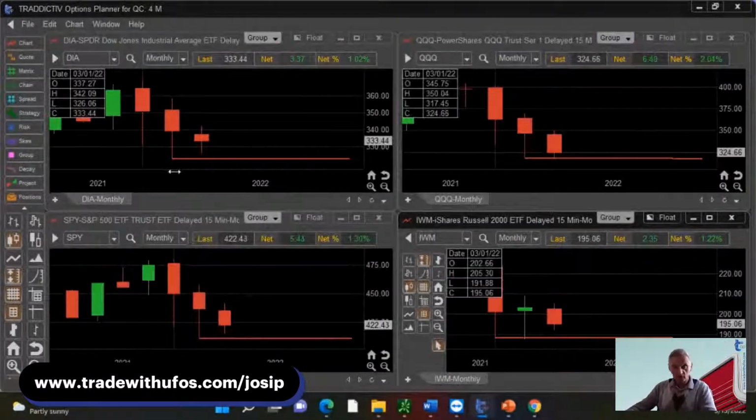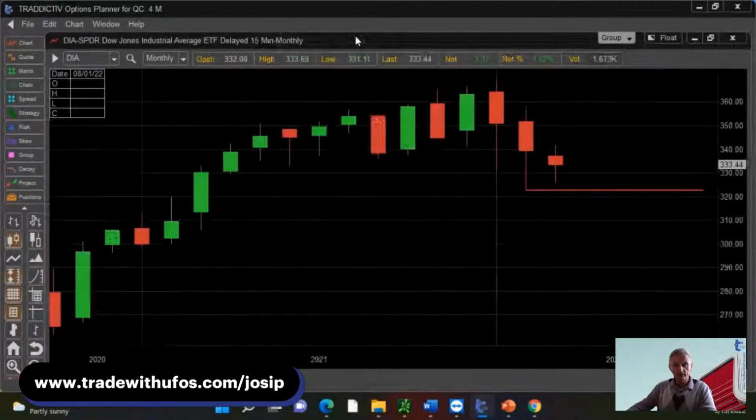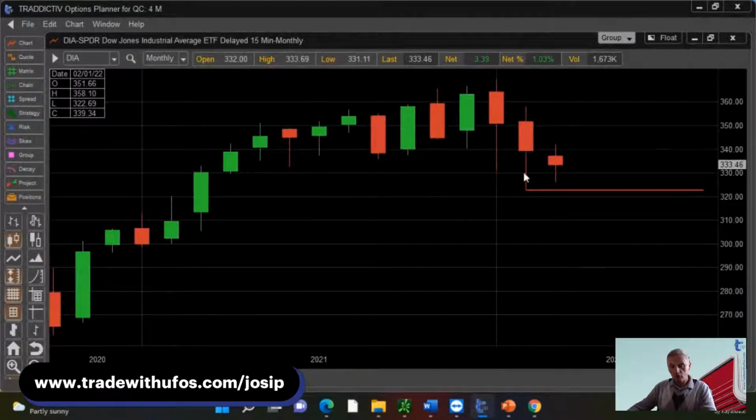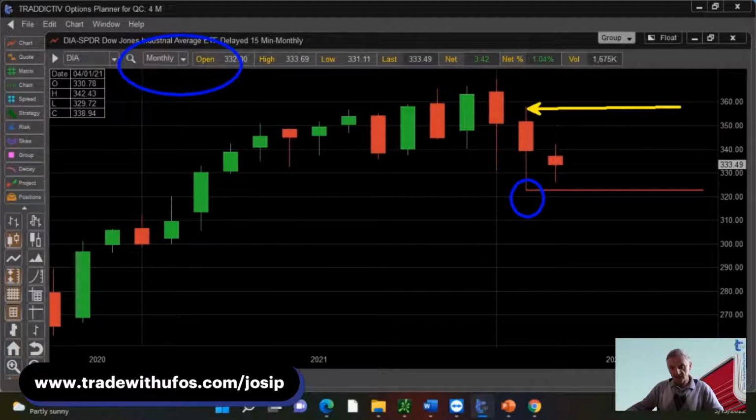While preparing for it, I drew the line on the low of the February bar. So these are the monthly bars we are looking at right here. On every one of these, I have a point of reference, and this actually turned out to be exactly the February 24th low. So as you can tell, as of now, we are in March, stuck inside the February candle on the Dow Jones Industrial Average.